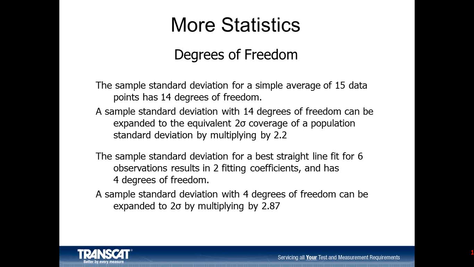So from this single standard deviation, instead of multiplying by 2 to get 95%, we have to multiply by 2.2 because of the relatively small sample size of 15 data points.